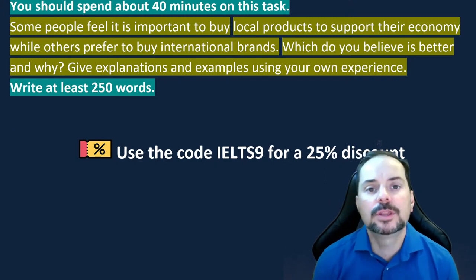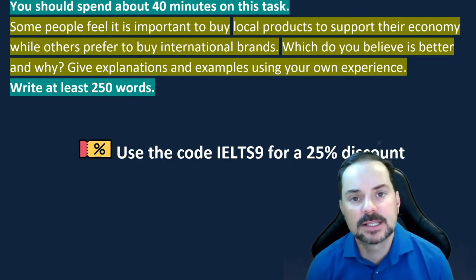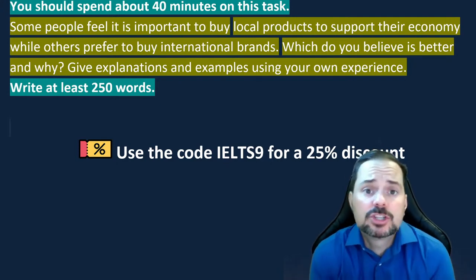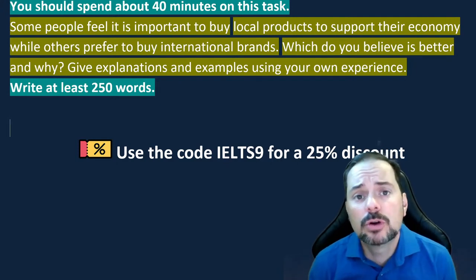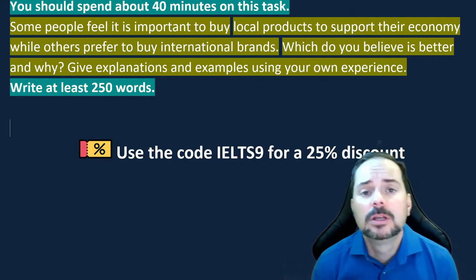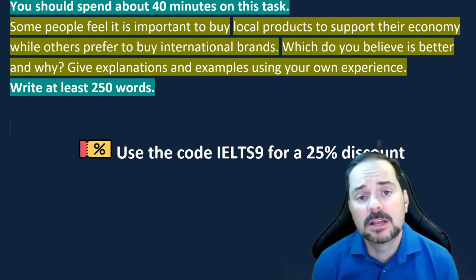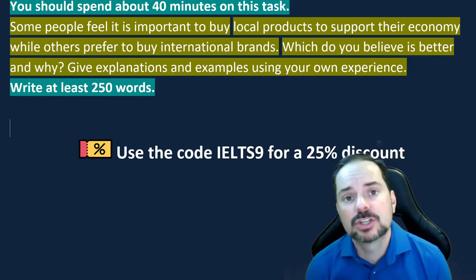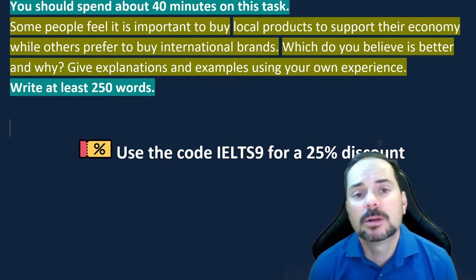If you're only doing that, that means that you're going for a band 6, 6.5 essay. If your teacher tells you, just paraphrase the question for the introduction, you should know that they're teaching you a band 6 to band 7 level strategy, which means that if you write perfect English and you're paraphrasing the question for your introduction, you're doing a band 6 to 7.